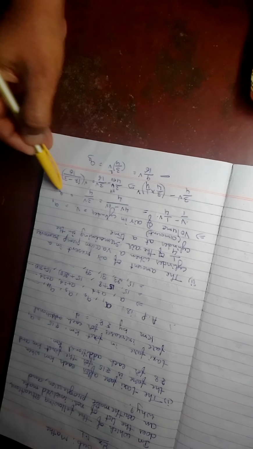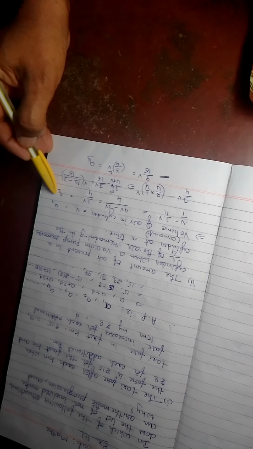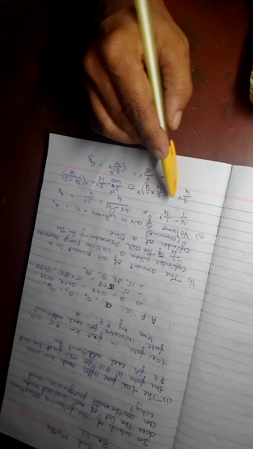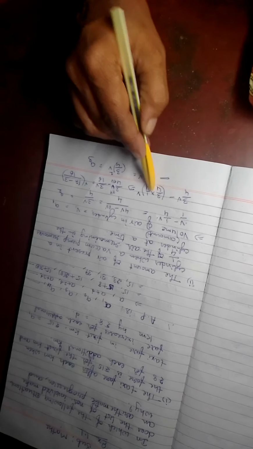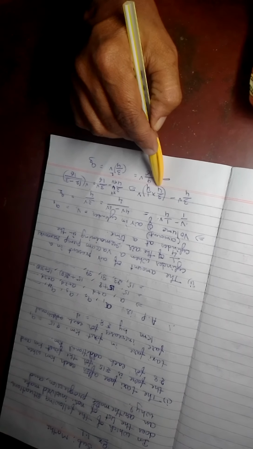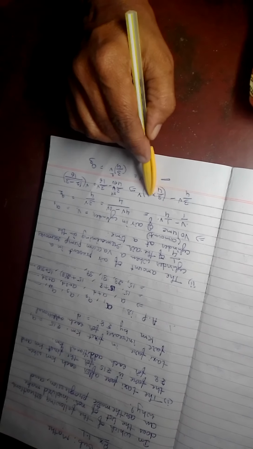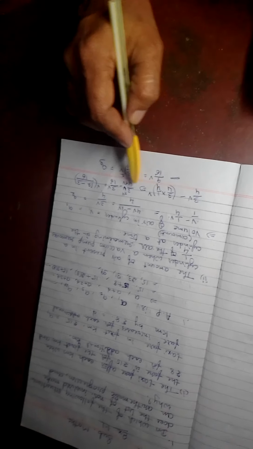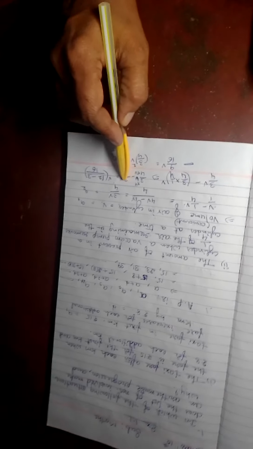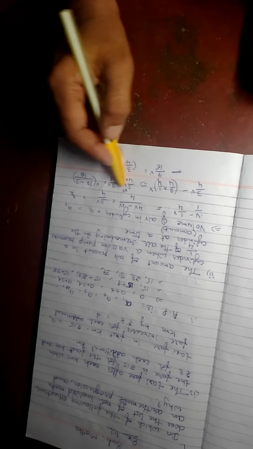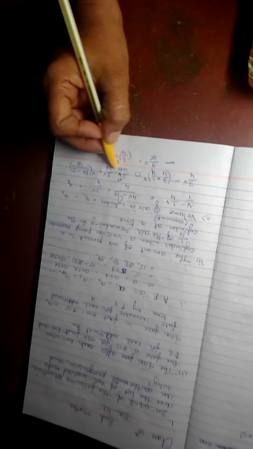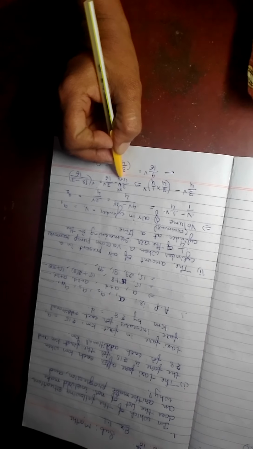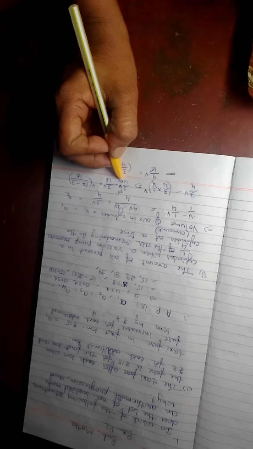This is the second term. For the third term, the remaining is 3/4 V, and from that we take 1/4 part of 3/4 V. Therefore 3/4 into 1/4 V. 3 ones are 3, 4 fours are 16. So 3/4 minus 3/16 V. V is common, we take it outside, and taking LCM to make the denominators equal, we multiply by 4 both numerator and denominator.